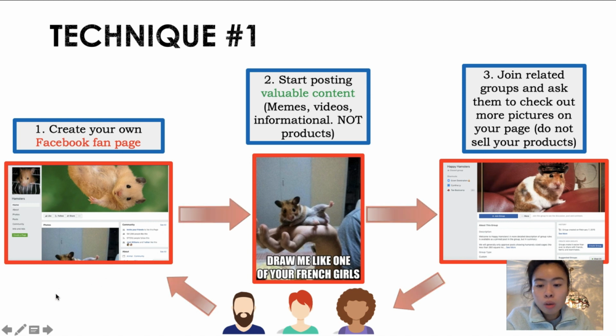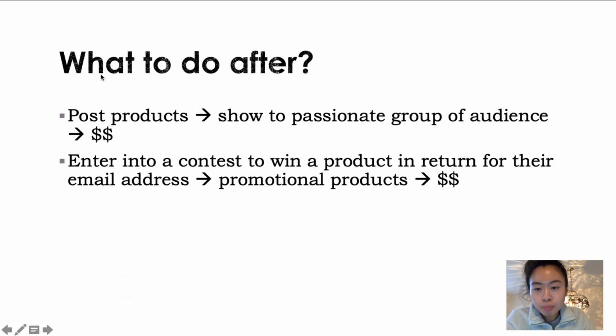All right? So I know the next question that a lot of people have been asking: all right, Cynthia, I've created my Facebook, I've posted memes, and I've started asking people to come into my Facebook fan page to like my stuff. What now? I'm not earning any money. All right, well, here's what you do after, okay?